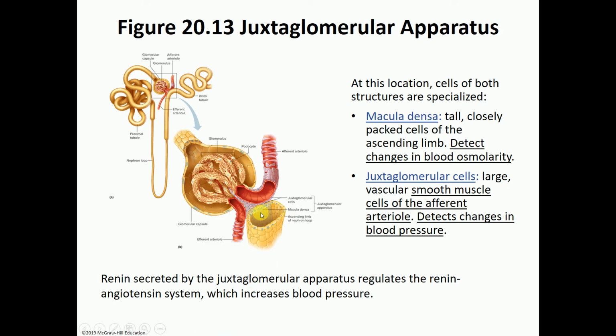So again, your macula densa are these cells that are found in the ascending limb, and those are responsible for detecting any change in the osmolarity of blood, while the juxtaglomerular cells, which are smooth muscle cells found in the afferent arteriole, are going to detect any change in blood pressure. And again, this apparatus is responsible for making renin and regulating that whole renin-angiotensin system that is going to lead to the increase in blood pressure if needed.